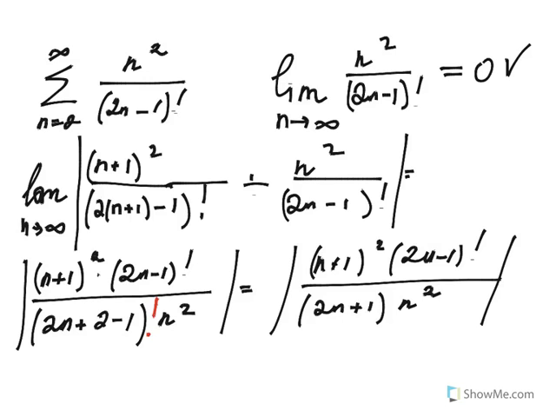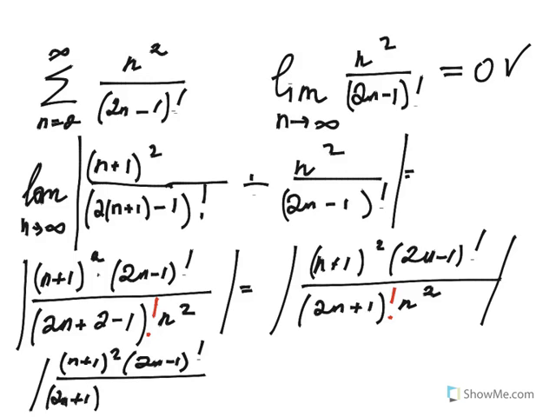So it's 2n plus 1 factorial. Now we have n plus 1 squared, still 2n minus 1 factorial. On the bottom, what's 2n plus 1 factorial? It's 2n plus 1. Then it goes minus 1, it's 2n. Then it's going to be 2n minus 1, and so on, right? So I can put 2n minus 1 factorial.